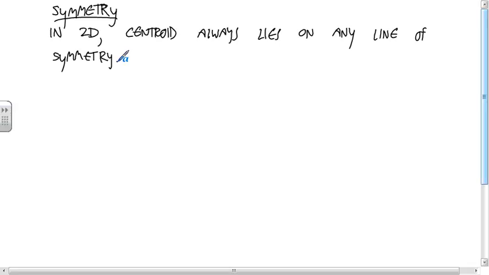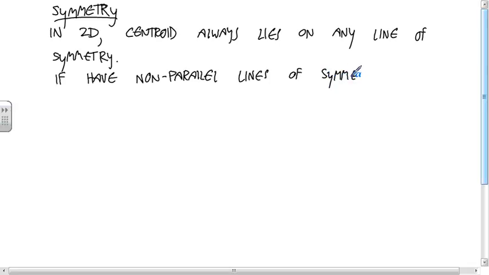And that means that if you have 2 different lines of symmetry for an object, you find the point where they intersect, and that's the centroid. So that's easy. So if you have 2 non-parallel lines of symmetry, the centroid lies at the intersection.